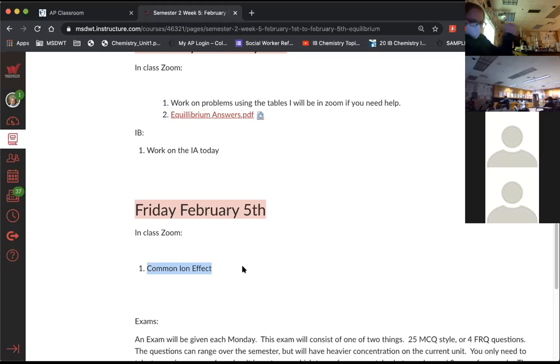Because instead of starting with 0 with our solubility product ice table, we would already start with a certain concentration of the Cl. So that's basically what the common ion effect is. Basically it's the same thing. Instead of starting with 0 for something, you end up having to start with something.